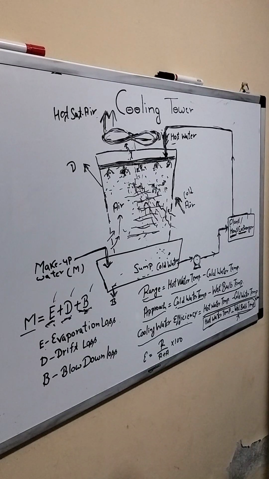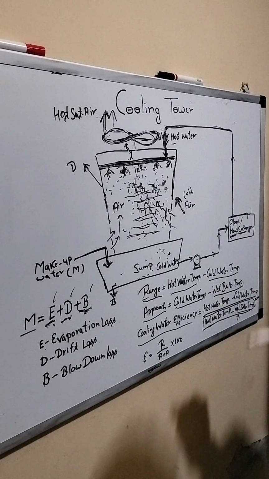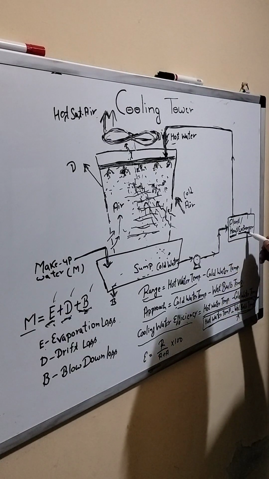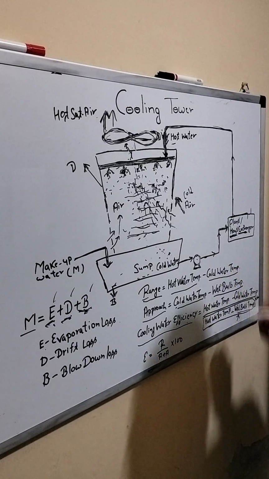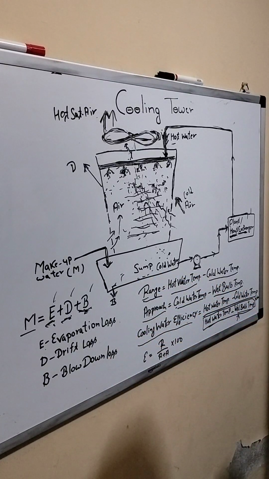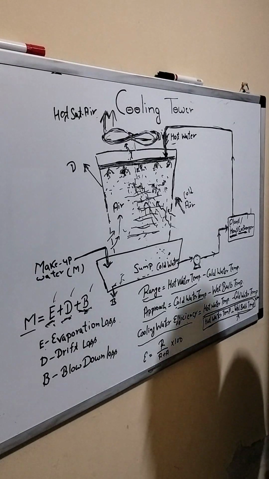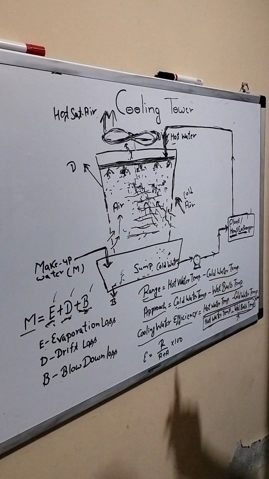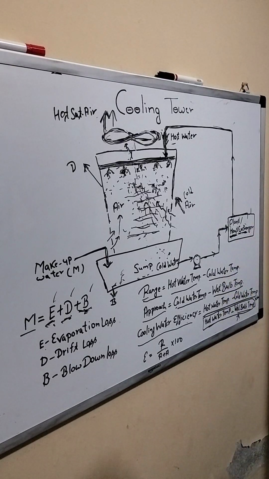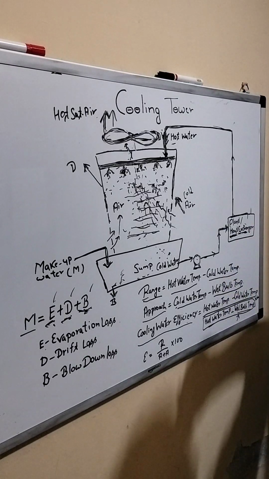In the heat exchanger tubes, scaling and fouling will occur. So the efficiency of the heat exchanger will reduce if you do not do the blowdown. It is very important. If you do not do it, your plant will suffer. You will not get good heat exchange in your heat exchanger.